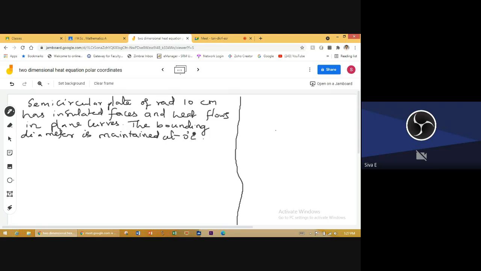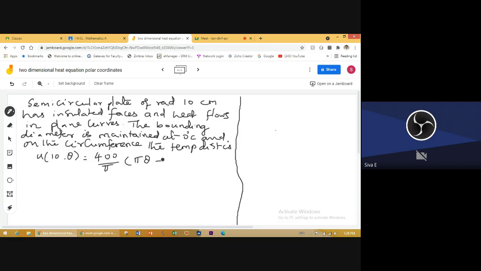0 degree C, and on the circumference the temperature distribution is u of 10 comma theta equal to 400 by pi into pi theta minus theta square, for 0 less than or equal to theta less than or equal to pi.